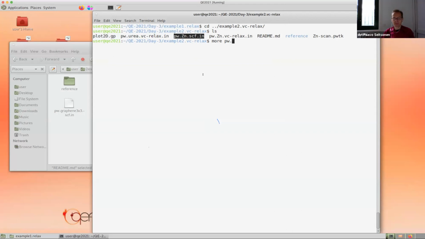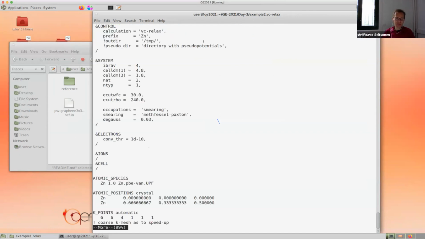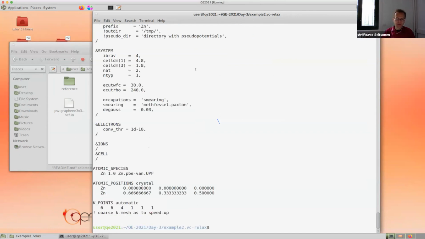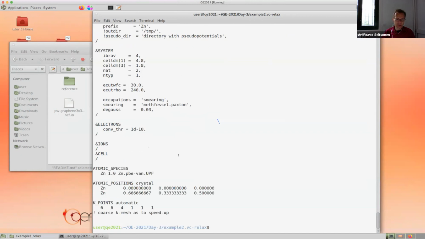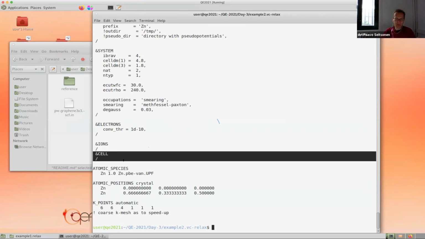They will be stressed, but if you use a relax or SCF calculation, it would give you the same result because the forces will be converged in the first step. But let's have a look at the inputs with the relaxation of the lattice vectors. Again, the calculation method has been changed to vc-relax, and we have included the cell namelist. That's basically all.